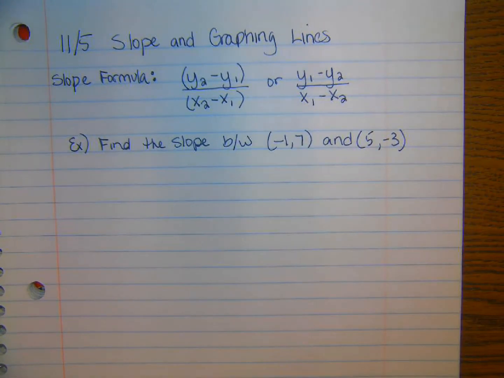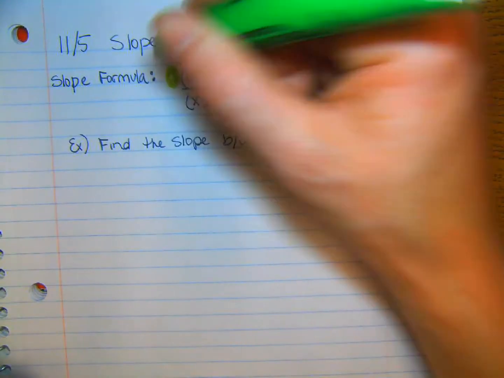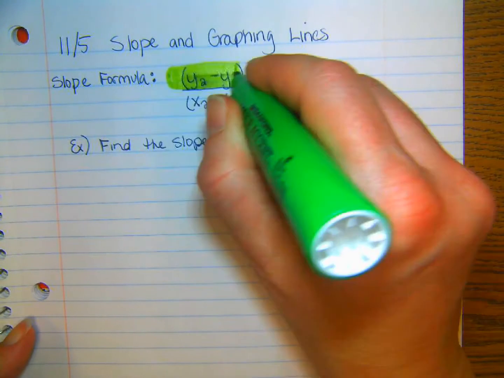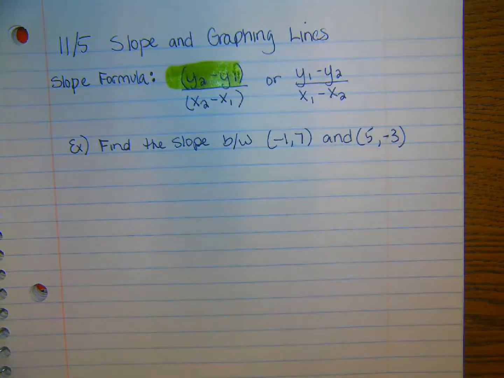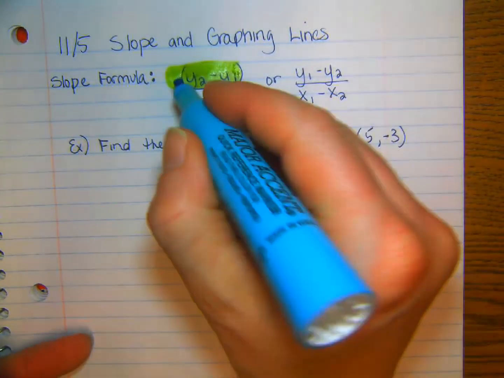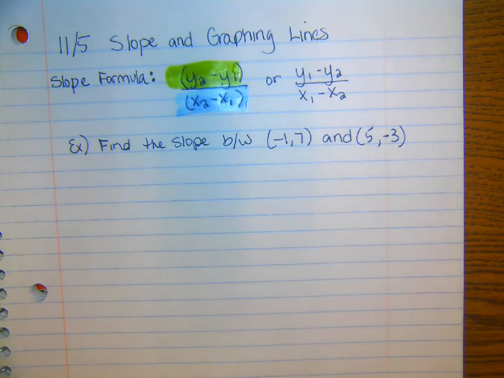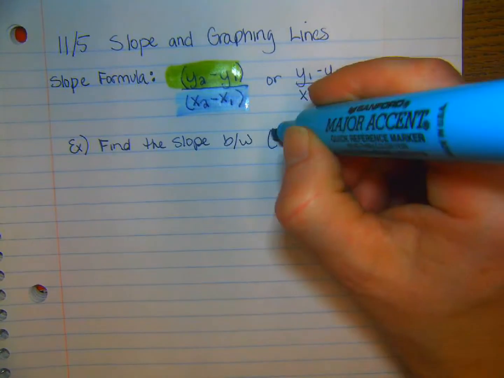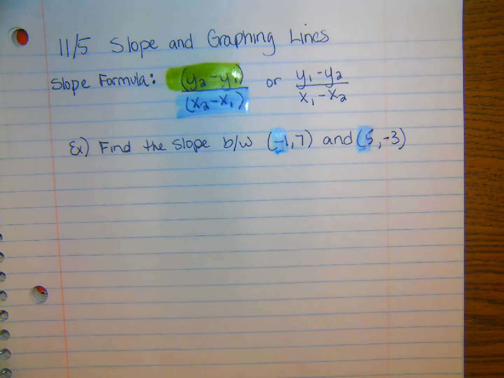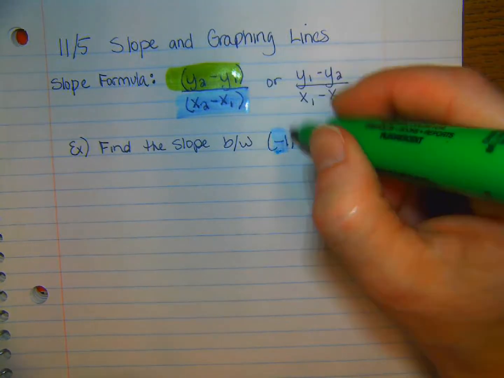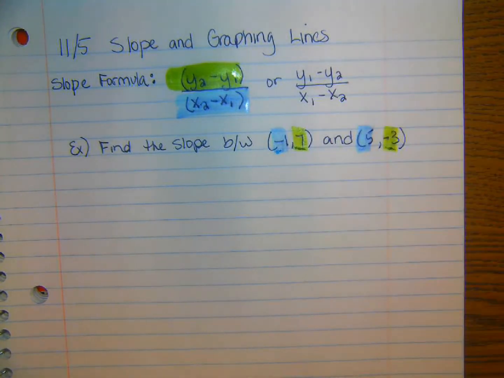Okay. So I'll do the y's in green, and then I'll do the x's in blue. So x's are the first things, they're going to go on the bottom. Y's are the second things, they're going to go on the top.